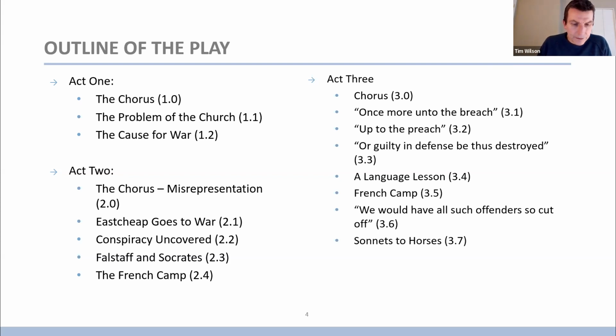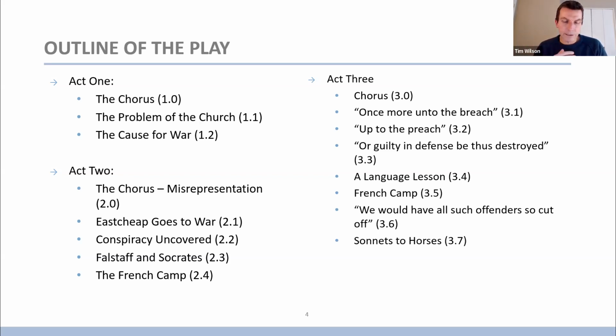Then in Act 3, Scene 5, we're at the French camp, and the court talks about Henry's progress. The noblemen insult the barbarous English, calling them slobs, and saying they're from a dirty country. And we hear at this point how the English troops are sick and underfed.